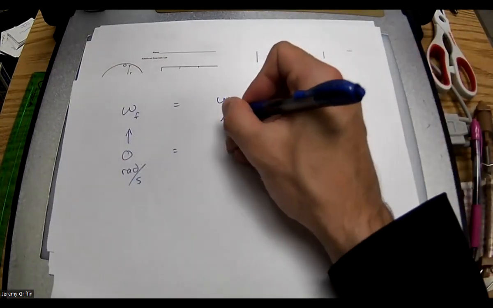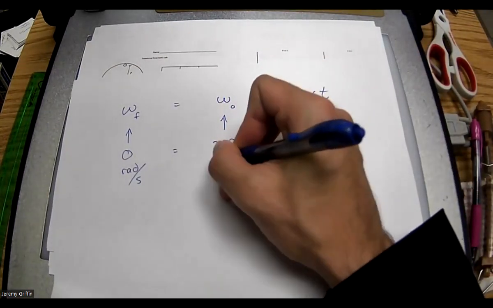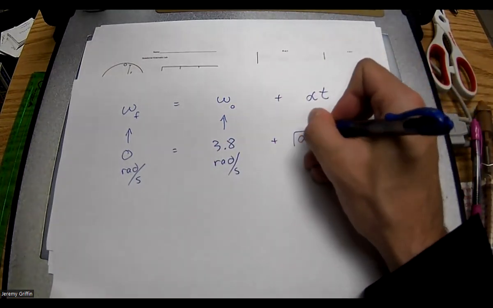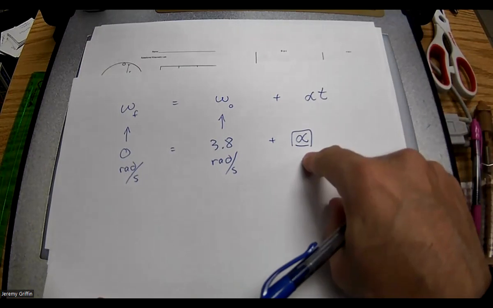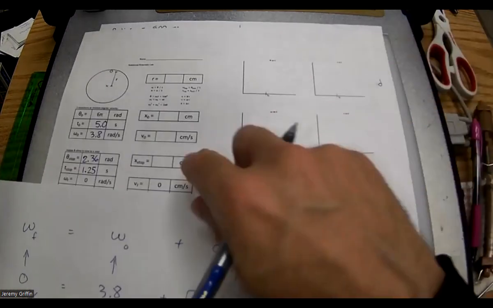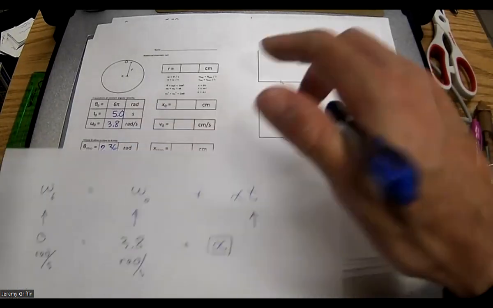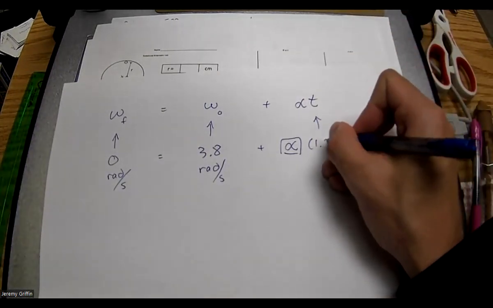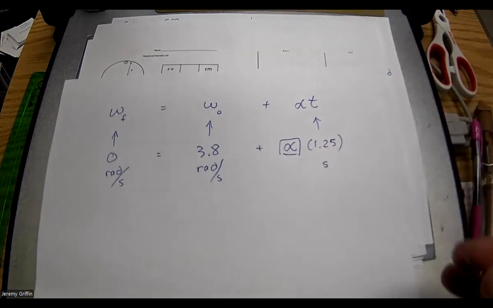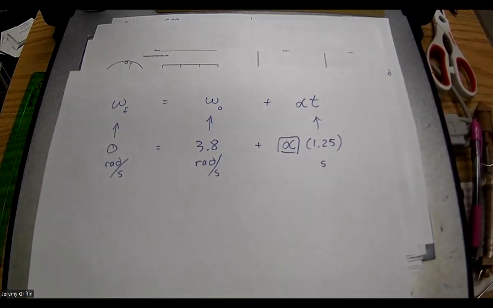Just feeds in right here. We're saying what was the rate that it was slowing down, which should naturally come out to be a negative number. And this whole thing took 1.25 seconds to slow to a stop.